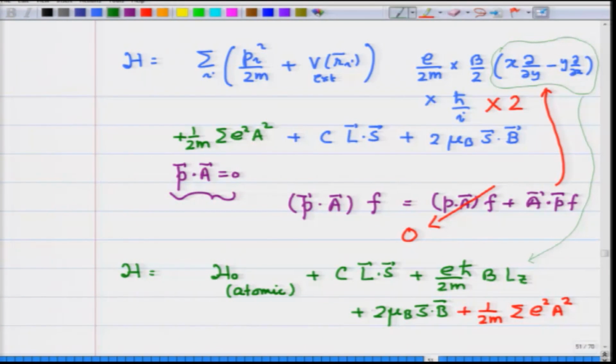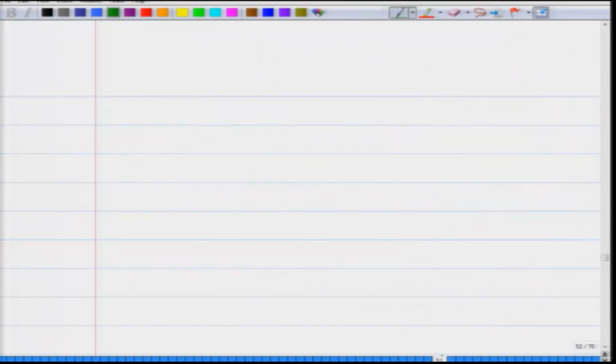So, this is the Hamiltonian. Let me write it again on the next page. H is equal to H 0, which is the atomic Hamiltonian without the LS coupling, plus this C L dot S coupling, and then I have plus e h cross over 2m.